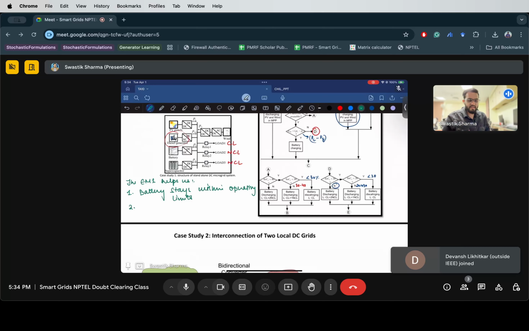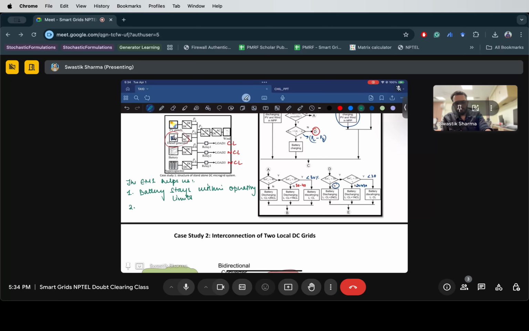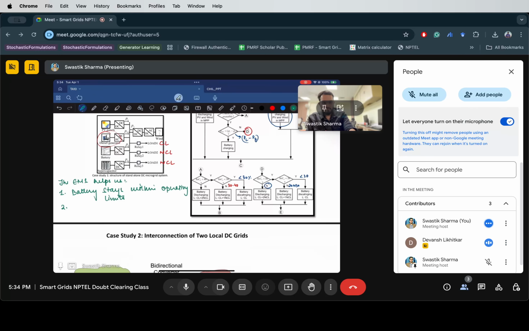The second thing that we want to do is make sure that priority loads or the critical loads are supplied and protected.